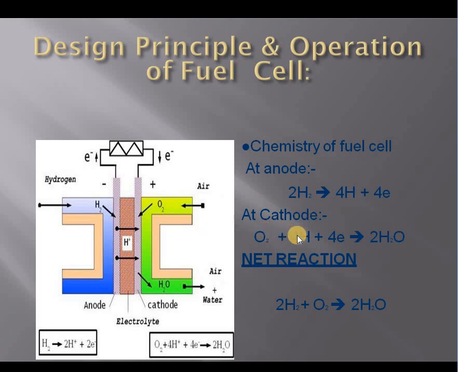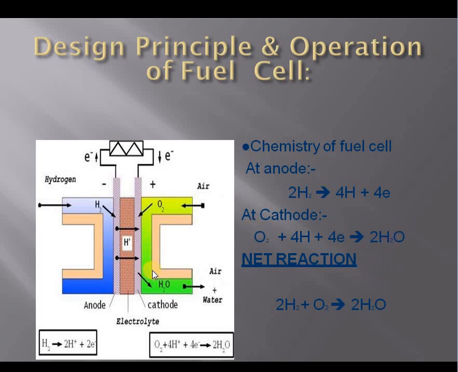And at cathode, what is happening now? These H plus ions are reacting with the oxygen near the cathode. So oxygen plus 4 H plus ions plus 4 electrons is giving rise to 2 H2O, that is water.